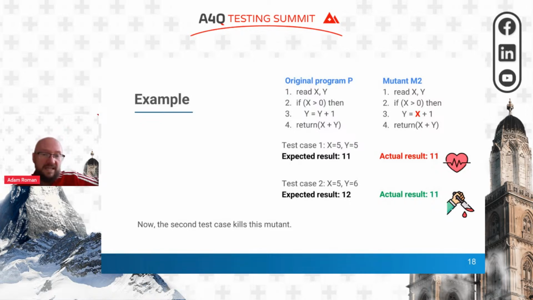For the second test case, the expected result would be 12, but the actual result will still be 11 because of this x in place of y in line 3, right? So the second test case killed the mutant because the expected result was different than the actual one.